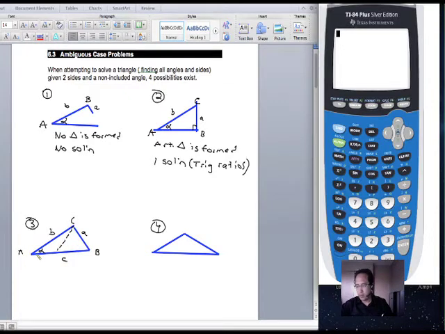So here we could have 2 triangles formed, so there's 2 solutions. This is what we call the ambiguous case.